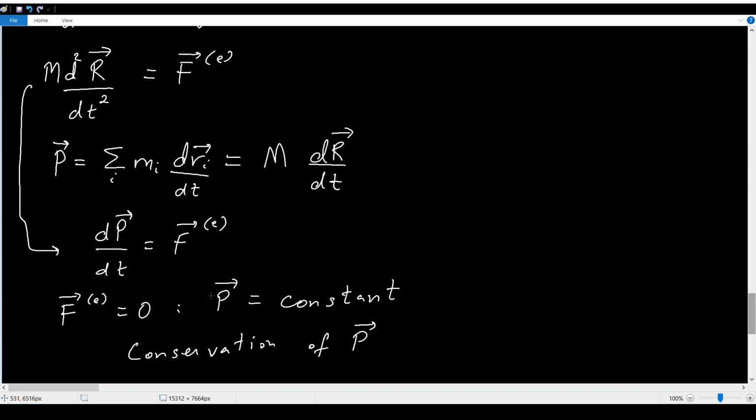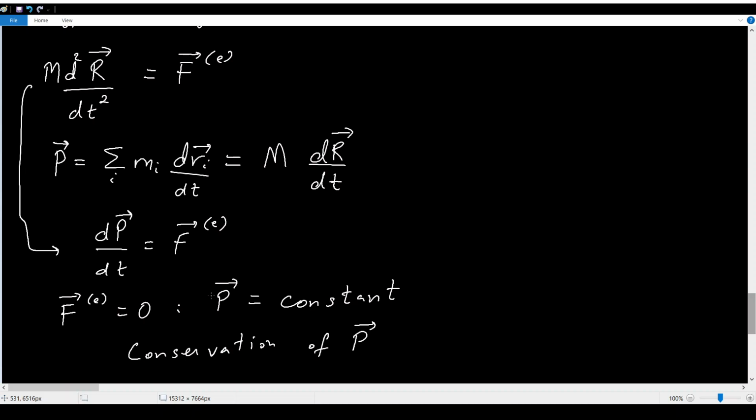This is how the center of mass moves if there is no external force on the entire system. The center of mass acts as a particle. It's as if the entire mass of the whole system is concentrated at the center of mass, and that center of mass is moving as a particle. So this was a significant result.